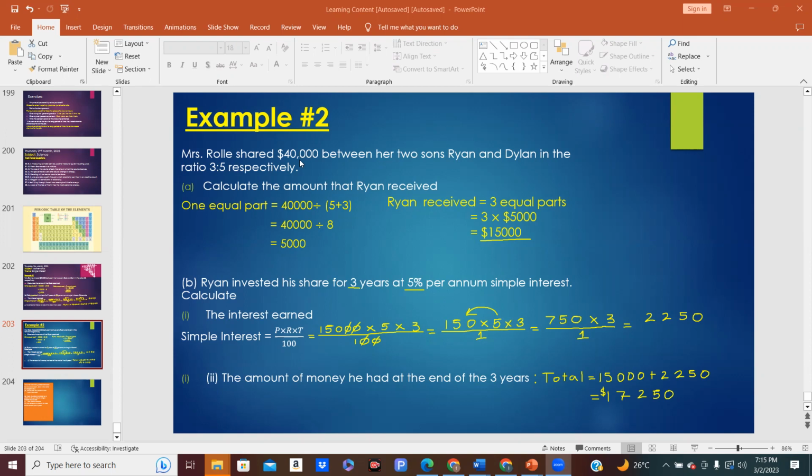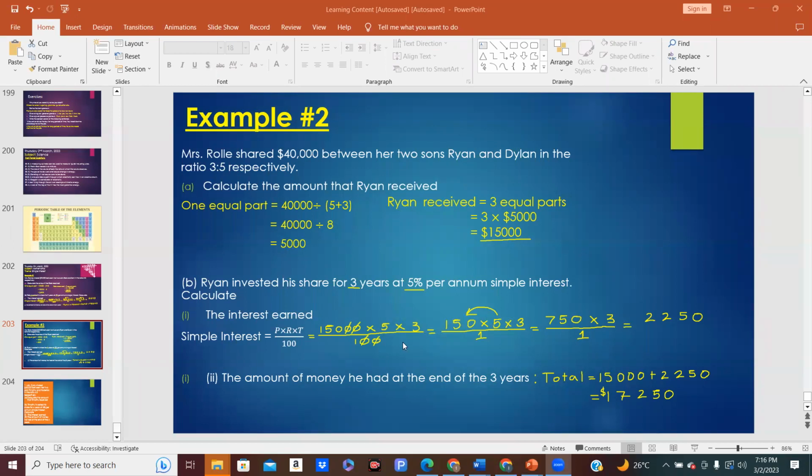Then you multiply 150 times 5 and you'll get 750 times 3 over 1. When you multiply 750 times 3, you get $2,250. Good. That's how we get the interest earned. Very good. Thank you, Moesha.